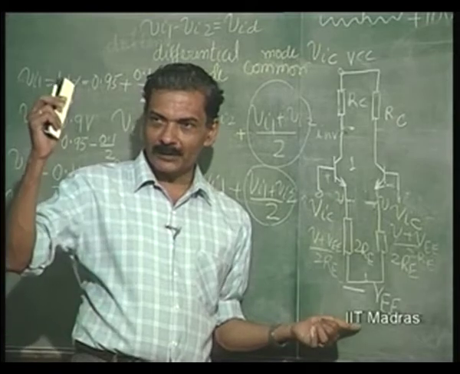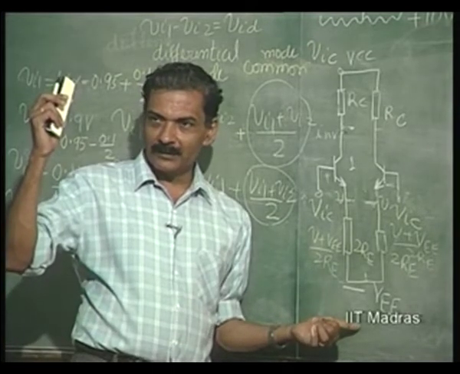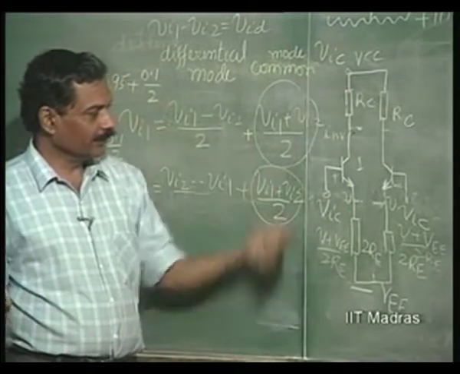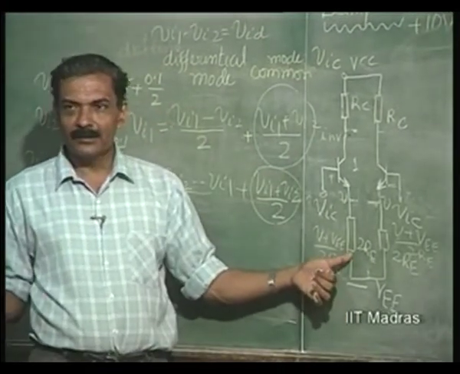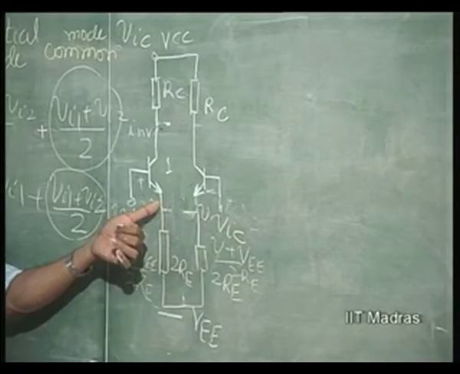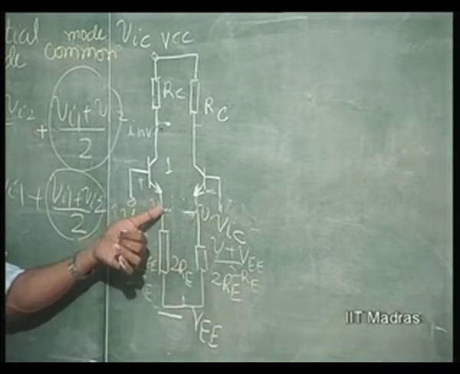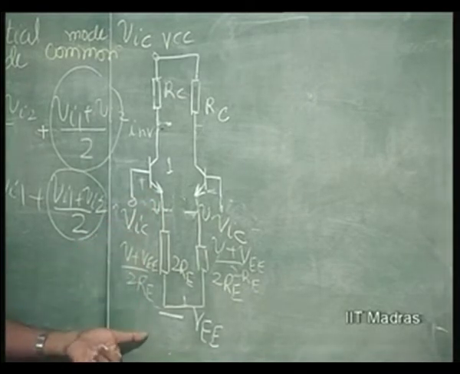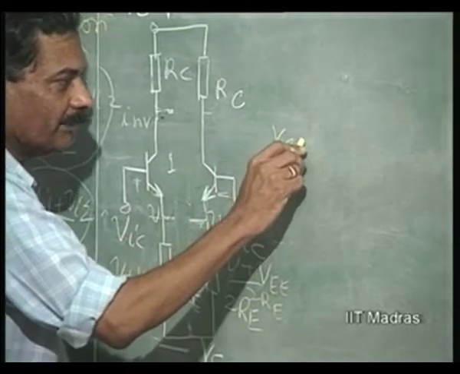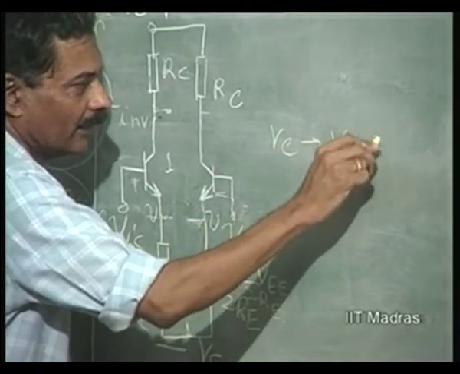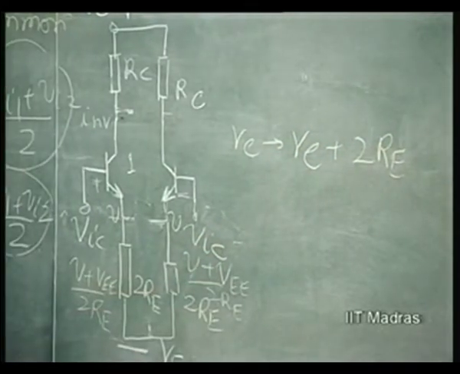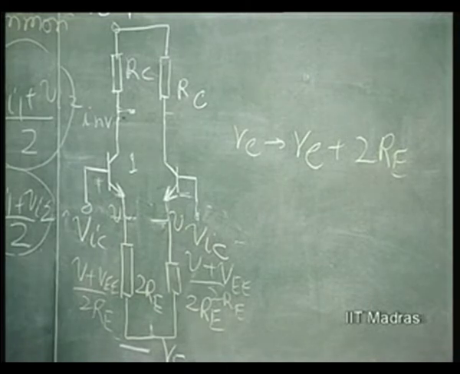Only for common mode voltage is this valid. Let us see this circuit, and this circuit. The only difference is that instead of RE, which you would have taken for the common emitter, you should take RE plus 2 RE. Wherever small RE was there, replace it by RE plus 2 RE.